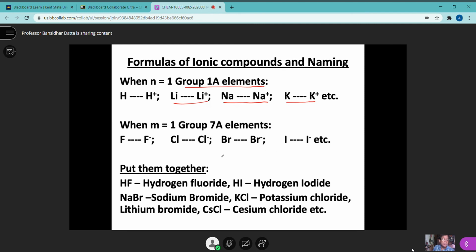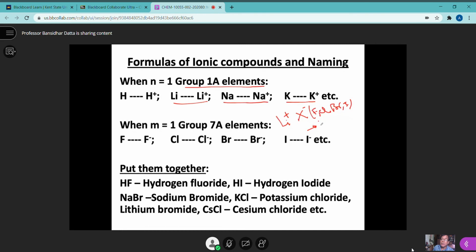Now if you combine them together, for example lithium plus and X minus, where X is fluorine, chlorine, bromine, iodine, our halogens. So if you want to make a compound, 1 plus, 1 minus.